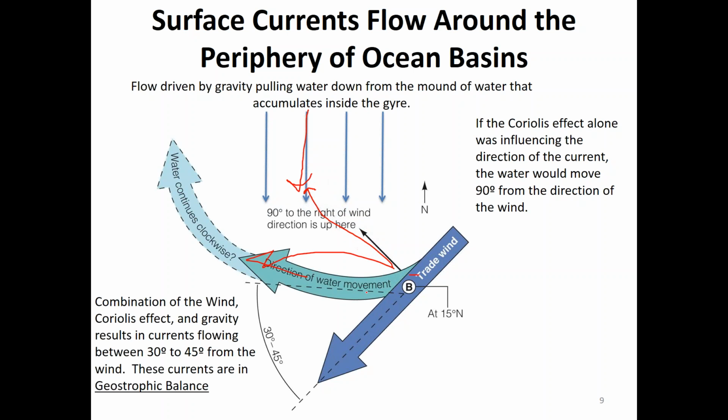Okay? So the actual movement of water is in this direction. So the combination of the wind, the Coriolis effect, and gravity result in currents flowing between 30 to 45 degrees from the direction of the wind. And these currents are in what is called geostrophic balance. Okay?